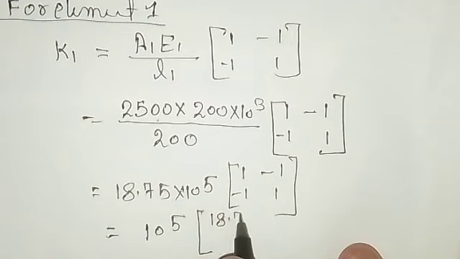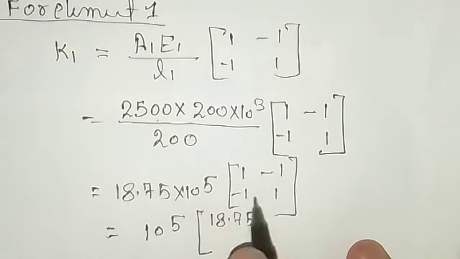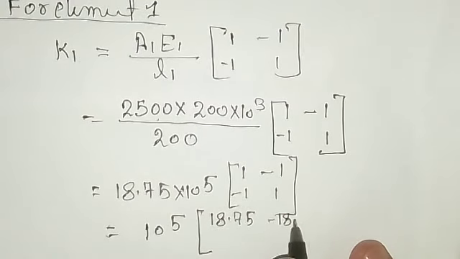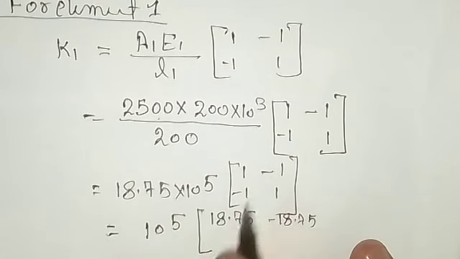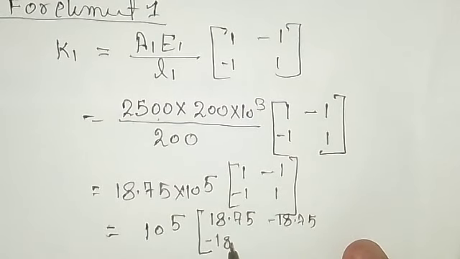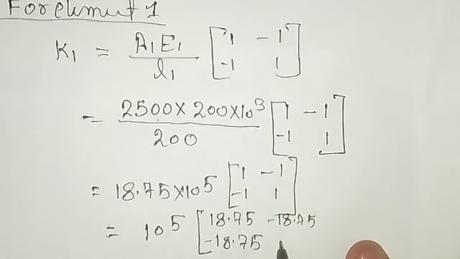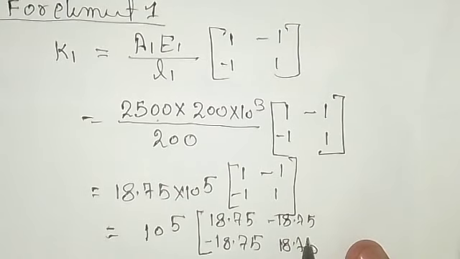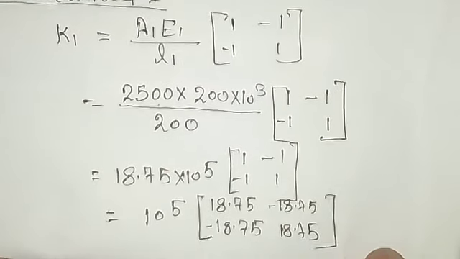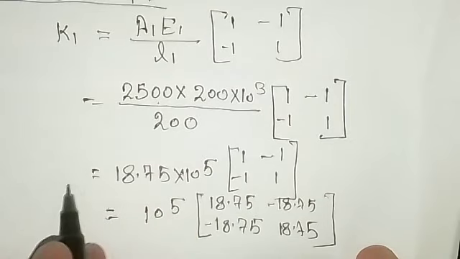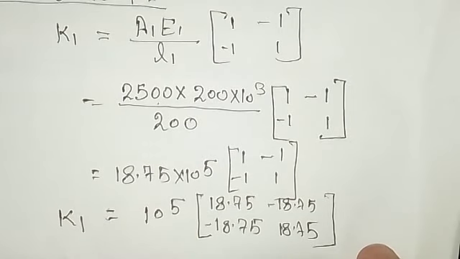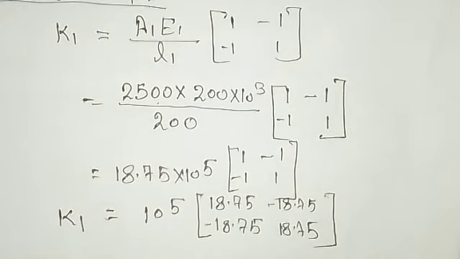So 18.75 is multiplied with 1, then minus 18.75 with minus 1, and again minus 18.75, and 18.75. This is the stiffness matrix for element 1 that we calculated, that is your K1. Similarly, we will find out K2.